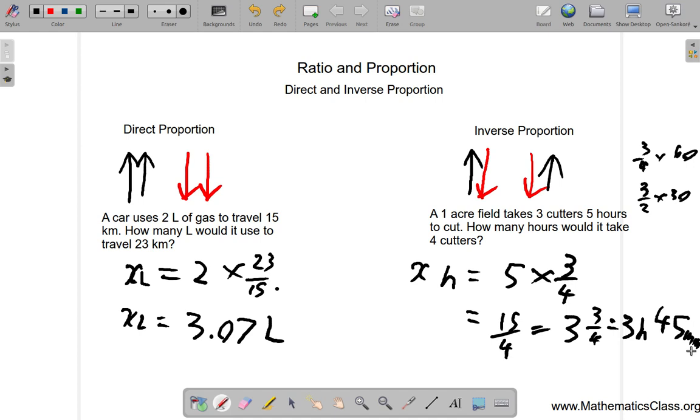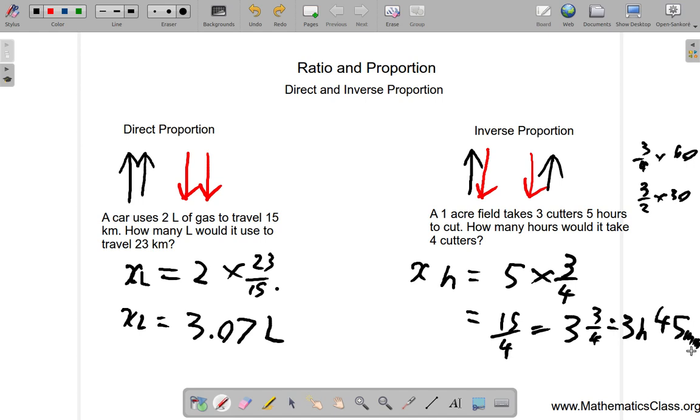When the number of customers increases, you have to use even more flour. Or how much rice you would need to cook for a certain number of customers. At the next event you have more, so you increase the amount of rice that you cook, right? That's a direct proportion.